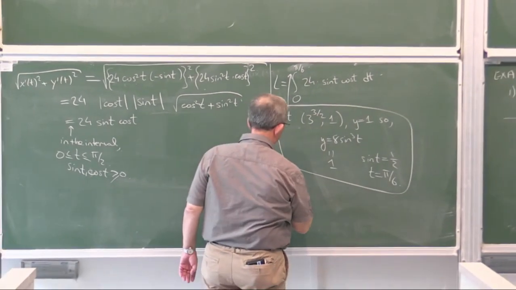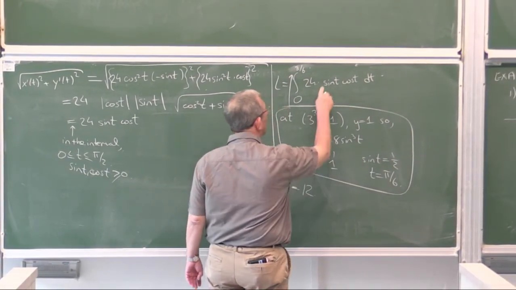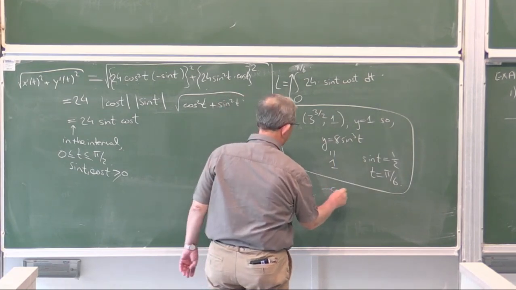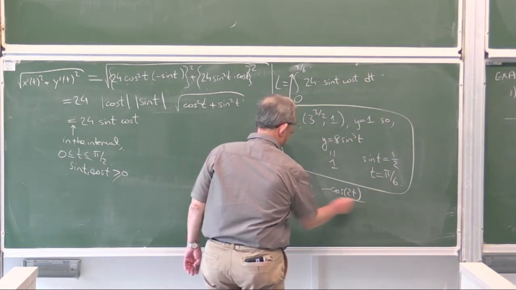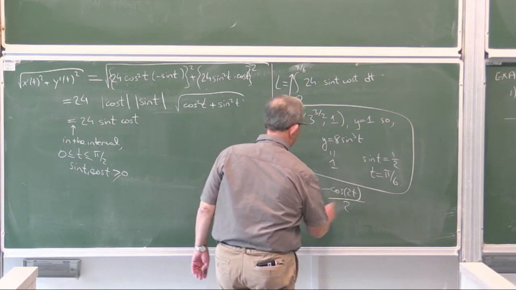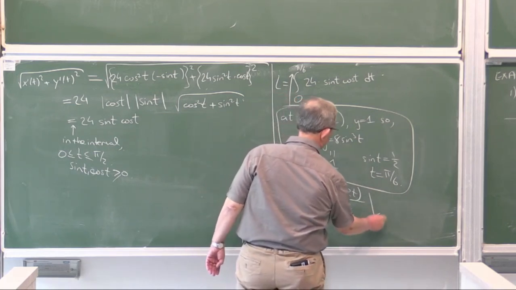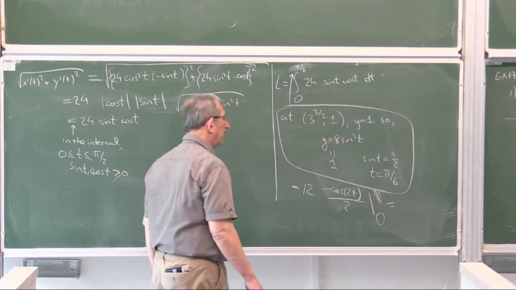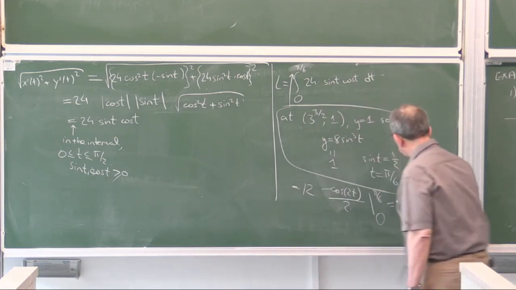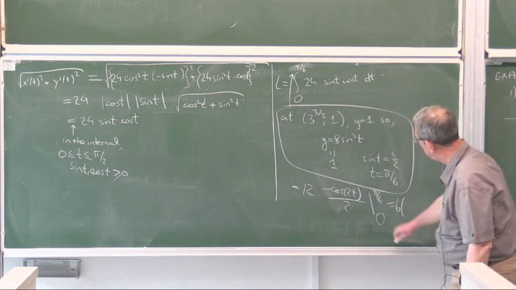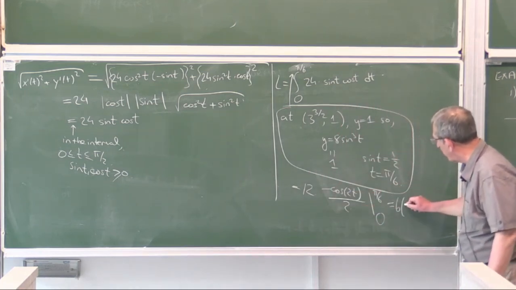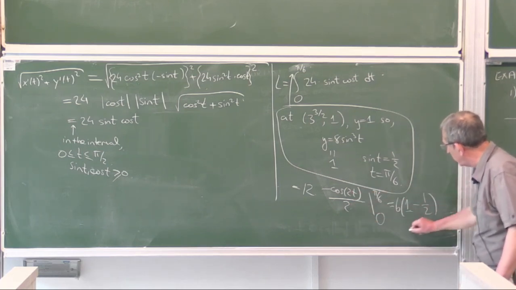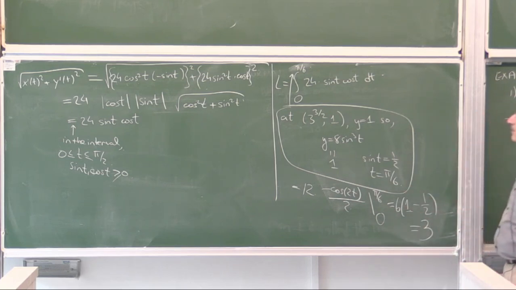So we have 12 sine 2t. Well, the integral would be cosine 2t with a minus sign divided by 2, from 0 to pi over 6. This would give us 6, and at 0 you have 1. At pi over 6 you have 1/2, and this gives you 3 at the end.